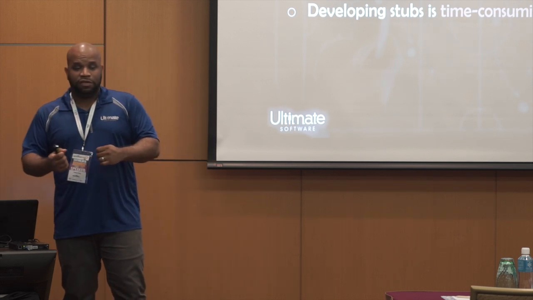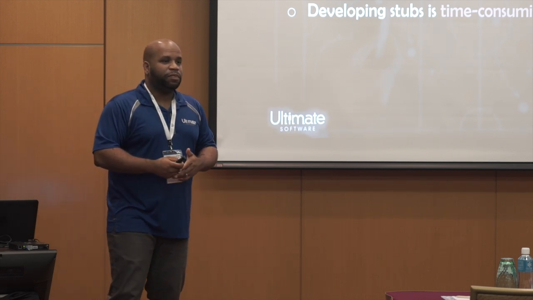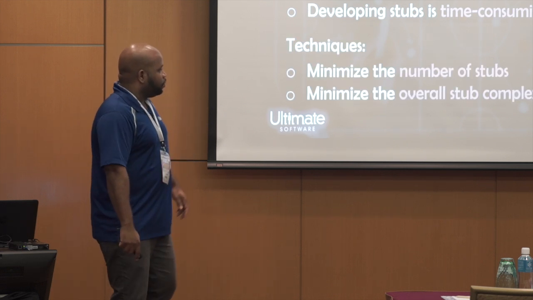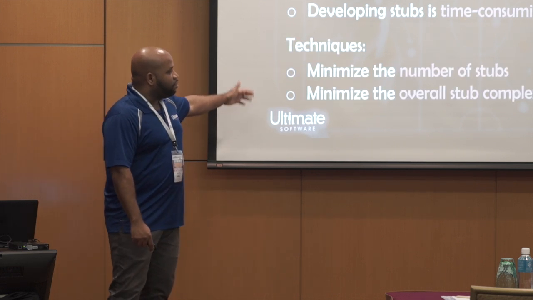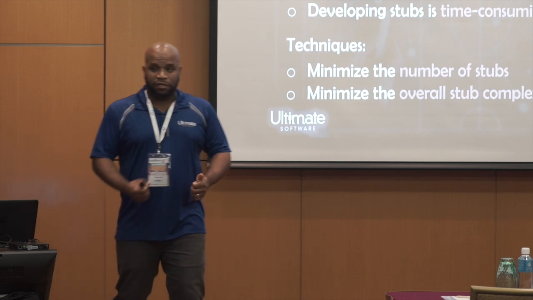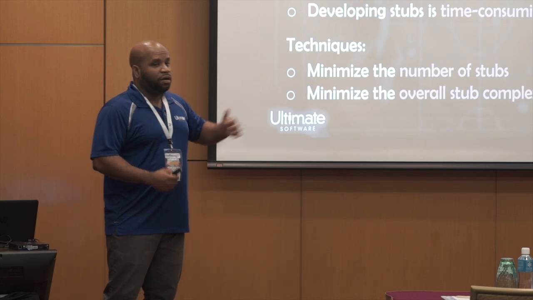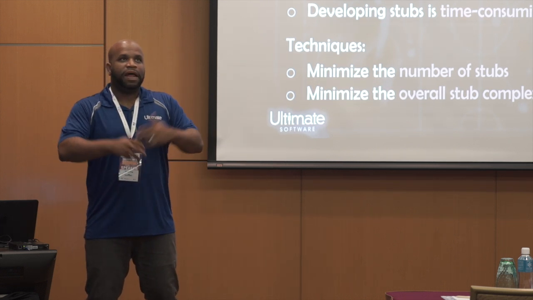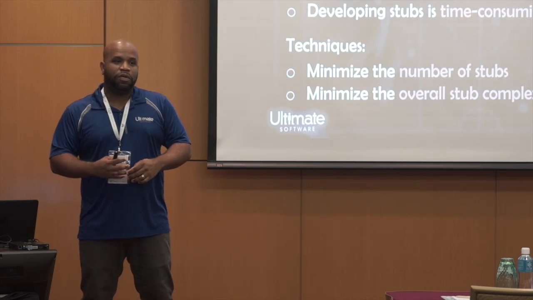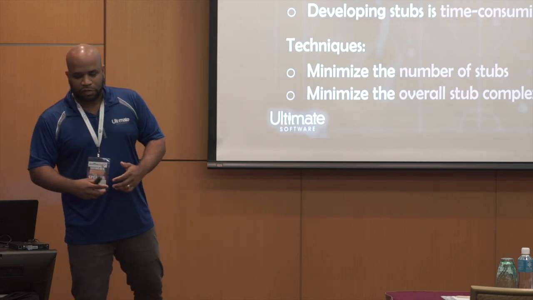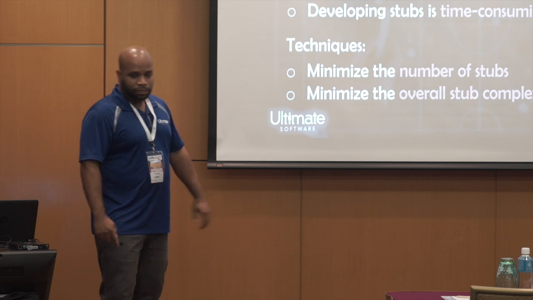People could make mistakes, or it just doesn't really represent the actual service. You're creating this fake service. And so the techniques that you can use is to either try to minimize the number of mocks that you have to create, or the number of stubs, or the complexity of the stubs that you have to create. So maybe you might have to create more stubs, but you at least have the simpler ones, right? So these are 2 approaches.